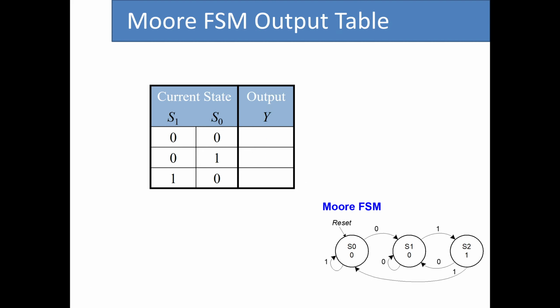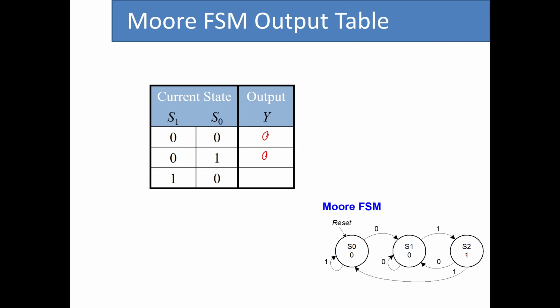What about the output? For the output, since it is only 1 bit, we basically don't need to have any encoding. It is only 1 bit, so it is either 0 or 1. So that is what we use here. When we are at the state 0, the output is 0. When we are at the state 1, the output is 0.